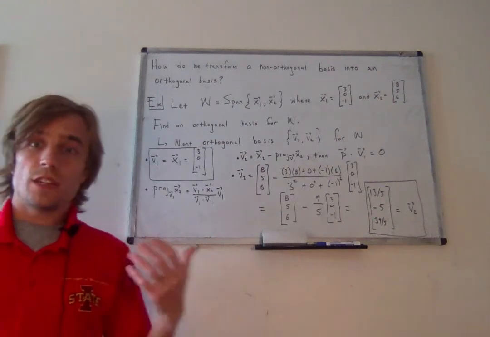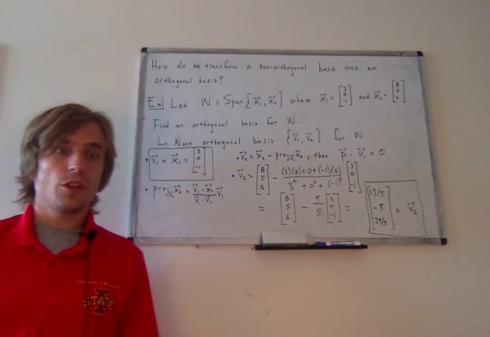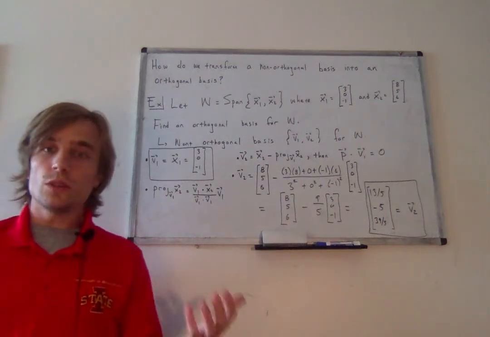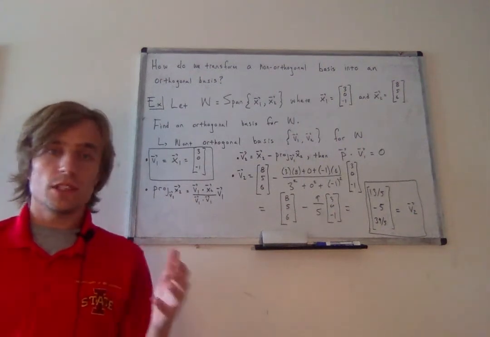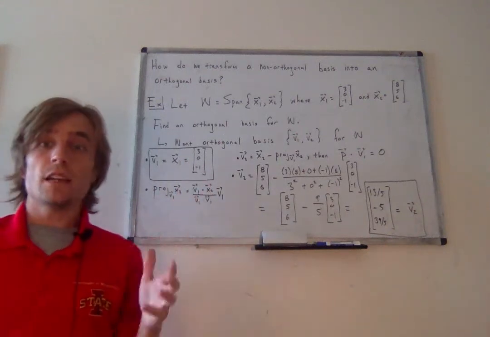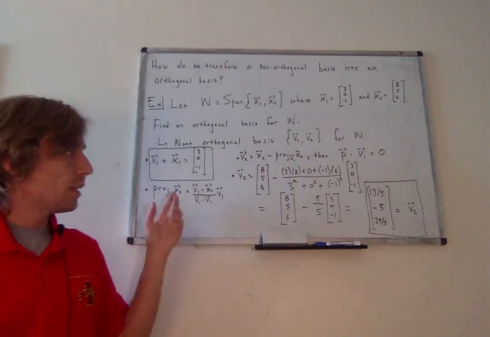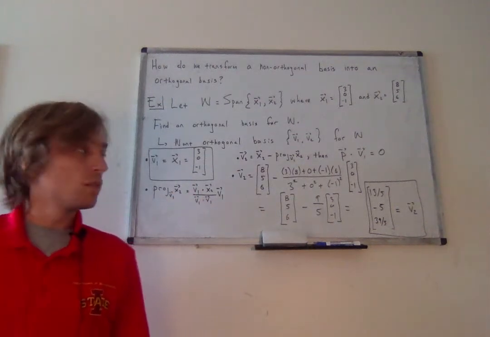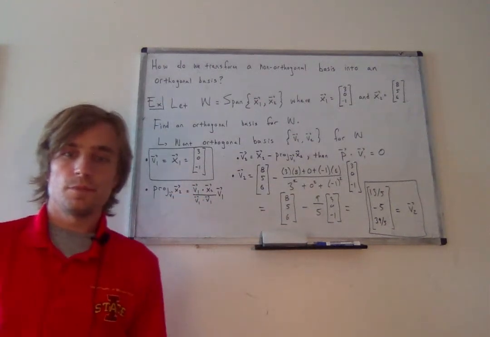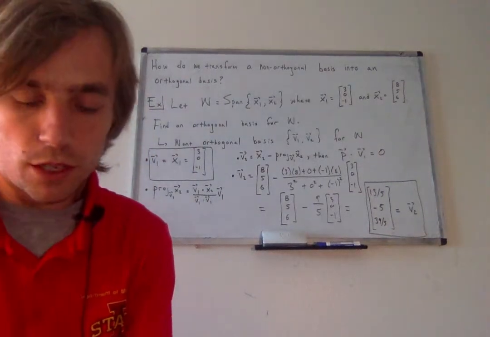So we can now continue to apply this idea of orthogonal projections to not only finding this closest distance, but also taking a basis, as we just saw, and transforming it into an orthogonal basis for the same set. So this was with two vectors.